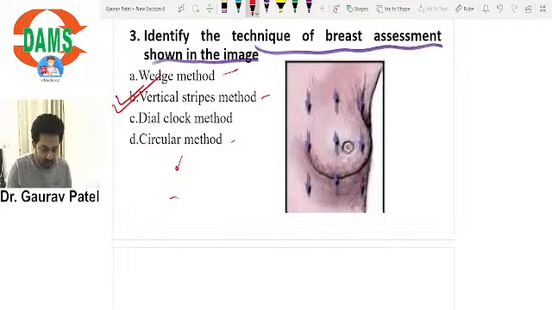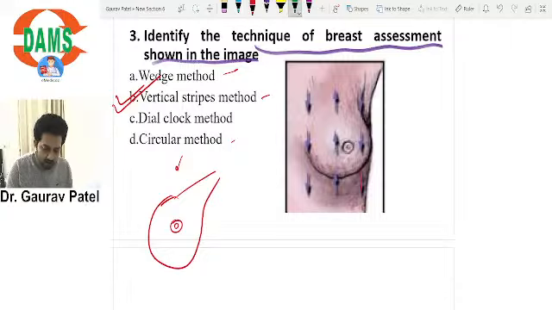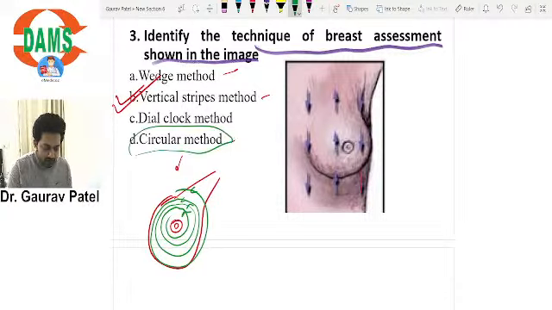Circular or circumferential method is when, suppose this is the breast, you do the palpation like this. That is the circumferential or circular method.